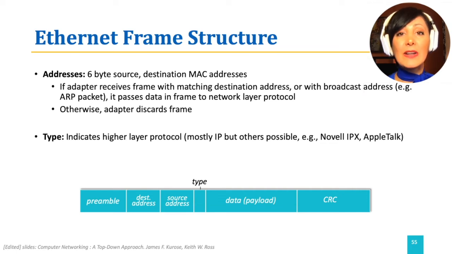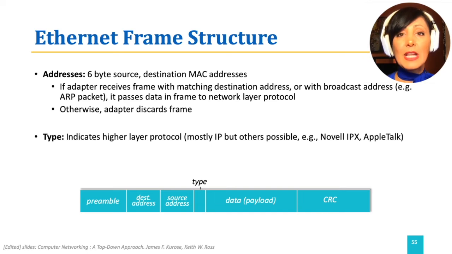This can vary between 46 and 1,500 bytes, as the Ethernet maximum transmission unit, or MTU, is 1,500 bytes. This means if the IP datagram is less than 46 bytes, this field needs to be stuffed up to 46 bytes. And if it is more than 1,500 bytes, it needs to be fragmented.